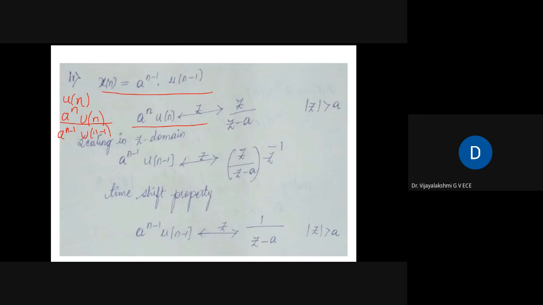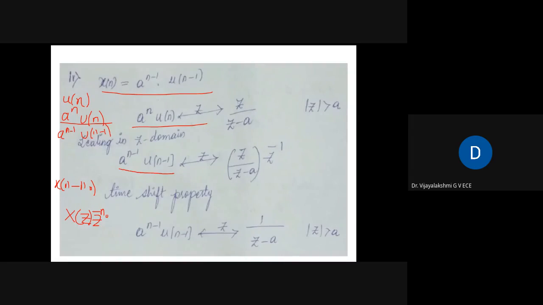So time shift property. What does the time shift property say? If you shift the signal in the time domain, n minus n naught, its corresponding Z domain X of z will get multiplied by z power minus n naught, where n naught is the shift value. So here what is the shift value? 1. So refer to these two.